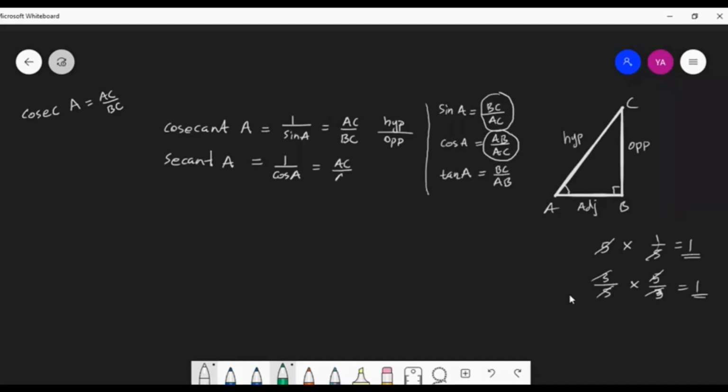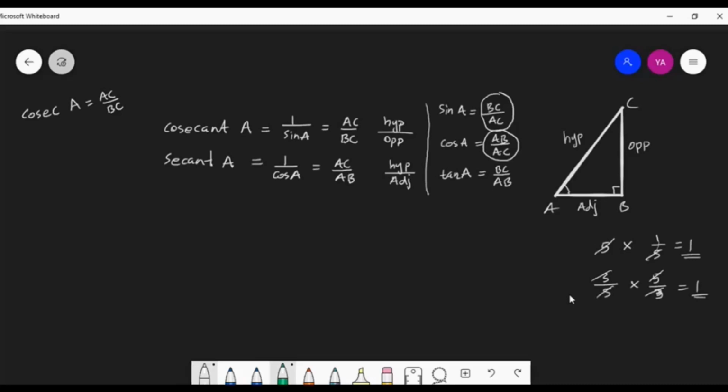Here AC is the hypotenuse, so it is hypotenuse by adjacent side. In any right triangle, secant of A is defined as hypotenuse divided by adjacent side, the reciprocal of cos of that angle.